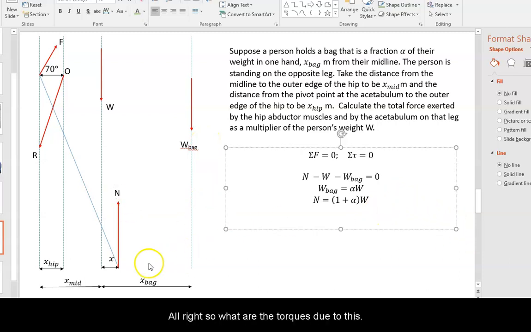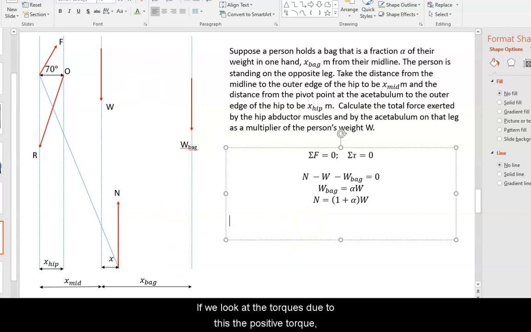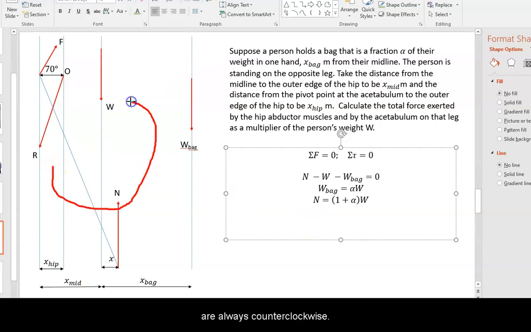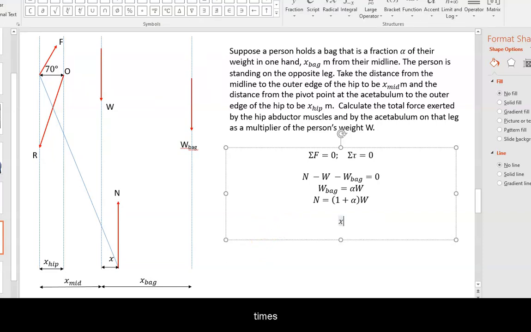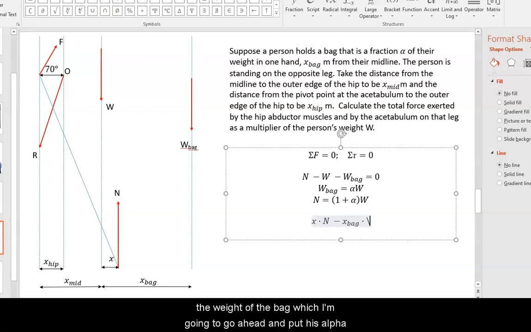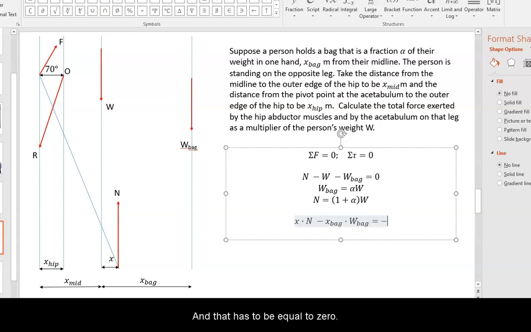All right, so what are the torques due to this? Well, if we look at the torques, the positive torques, if you remember, are always counterclockwise. So the positive torque is going to be x times the normal force, and the negative torque is going to be x bag times the weight of the bag, which I'm going to put as alpha W. And that has to be equal to 0.